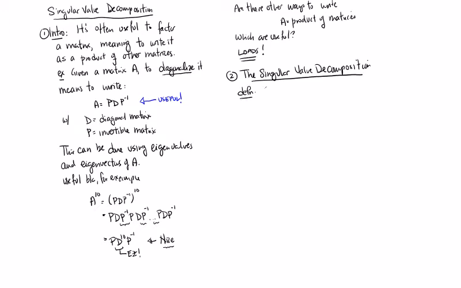So here's our definition. The matrix we start with doesn't need to be square, so we'll say given an m by n matrix A, so this means m rows by n columns.